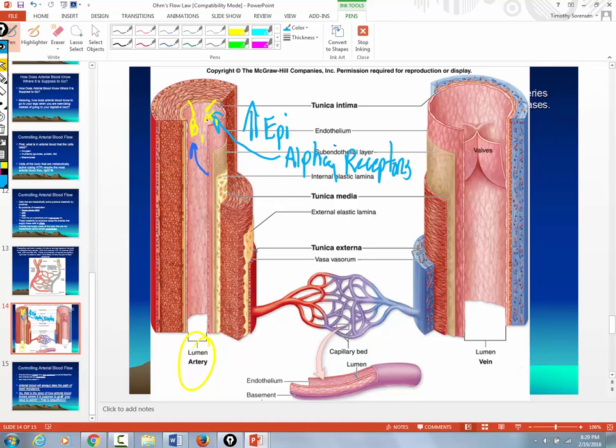And when epinephrine binds the alpha 1 receptors, it causes massive arterial vasoconstriction. Where? Everywhere. And according to Ohm's flow law, if all of your arteries massively constrict, oh, that's barely a hole. You got me? The resistance to blood flow is going to go way up, so your systolic blood pressure is going to go way up.